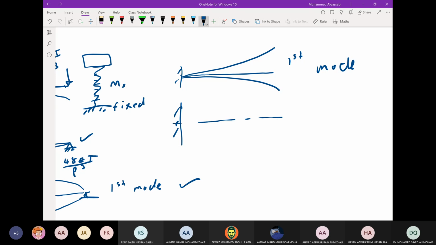Part of the beam is going downward and the second half is going upward, or vice versa. This is the second mode. And there is a third mode and fourth and so on. This is what happens for elastic members under vibration.